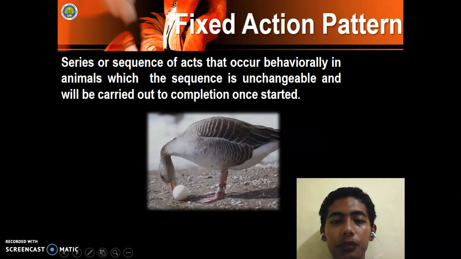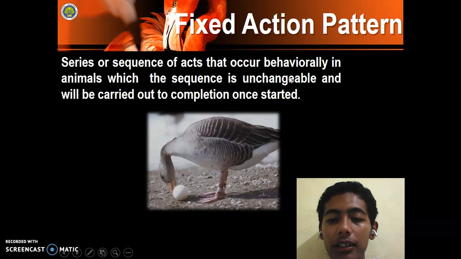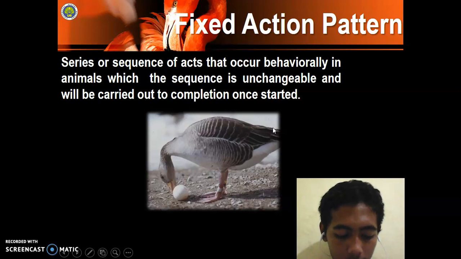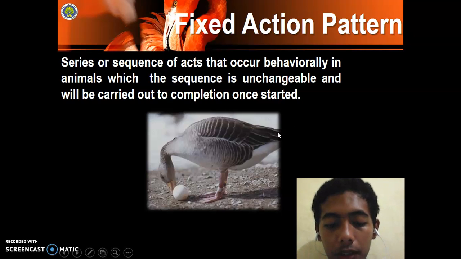The second is fixed action pattern. Fixed action pattern is a sequence of actions that occur behaviorally in an animal, where the sequence is unchangeable and will be carried out to completion once started. For example, the bird rolls the egg back to the nest using a side head motion.